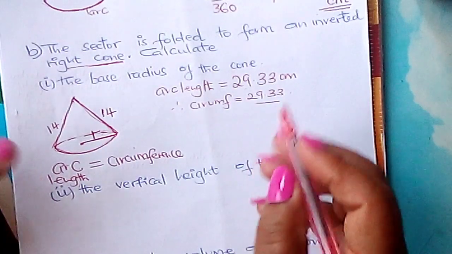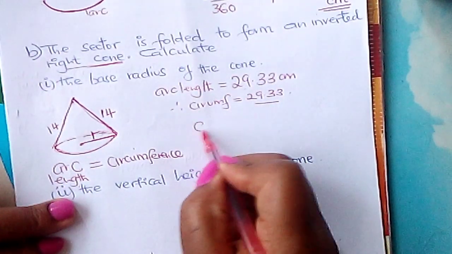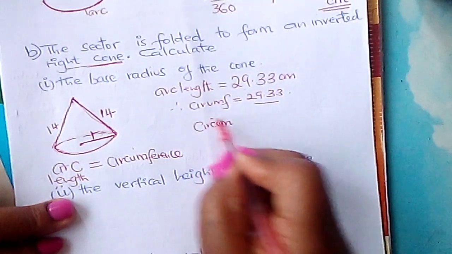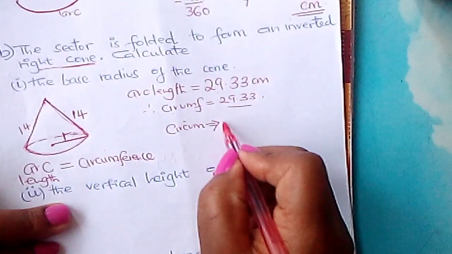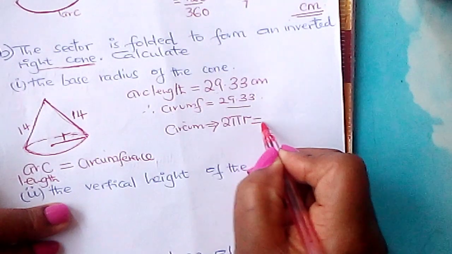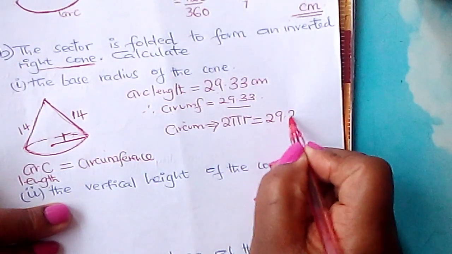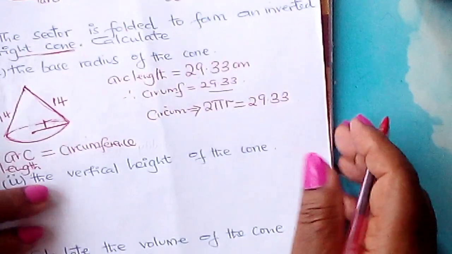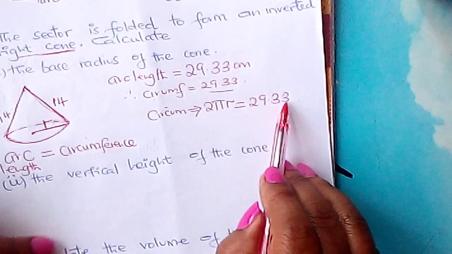So, how do we find our radius? We know that the circumference of a circle is given by 2 pi r, and therefore this is equal to 29.33, which is our circumference.